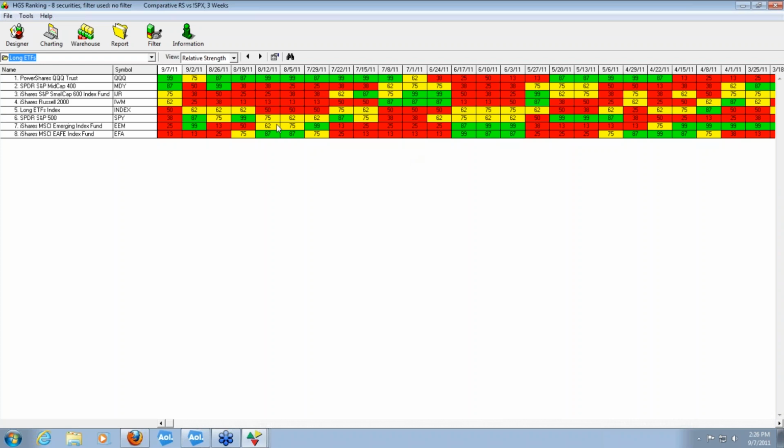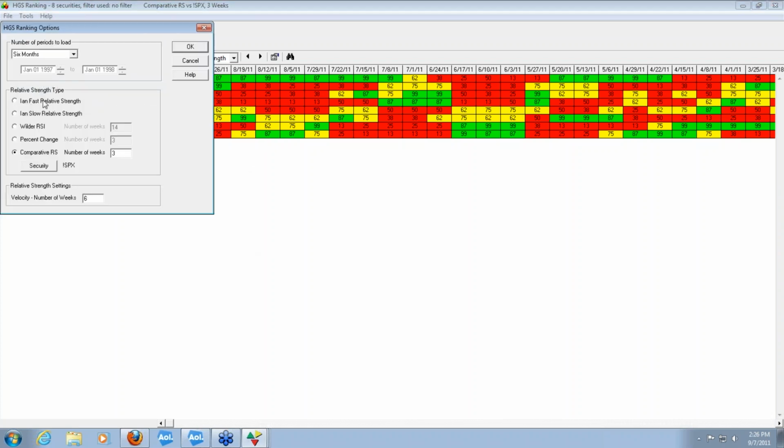Now, with the ranking module, you have the option of using any of these types of relative strengths: fast, slow, wild or RSI, percent change, comparative RS.